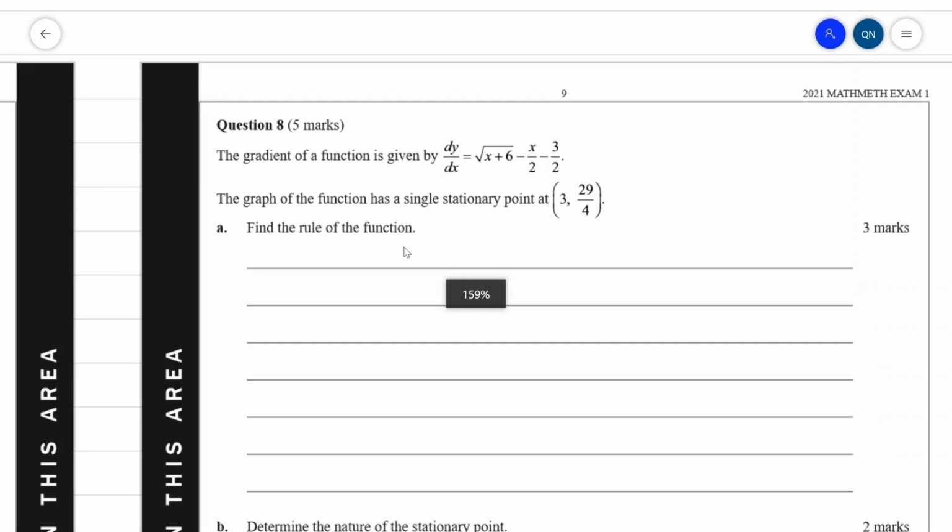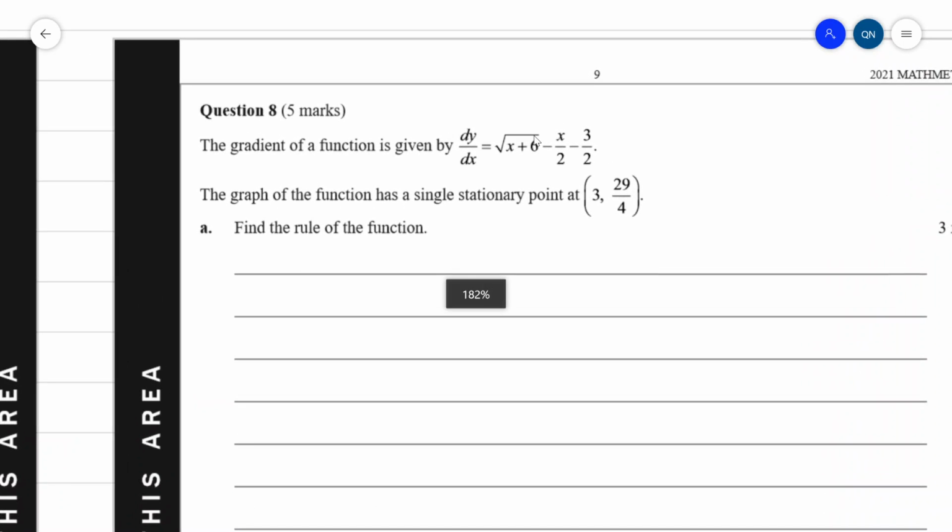Okay, so we just need to integrate this thing now, which isn't too bad to do. So y is the integral of square root of x plus 6, and then minus x on 2, and then minus 3 on 2 dx. So what is that going to be? How do you integrate a square root? Well, let's just do it on the side.